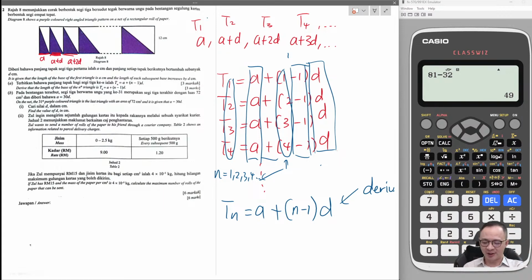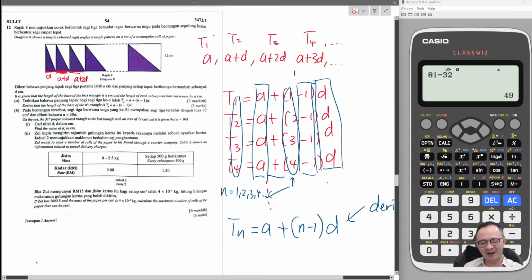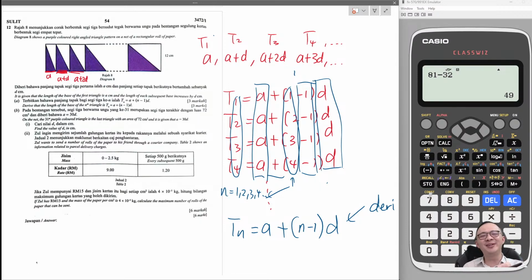But I heard one of the teachers say that if the textbook shows you how the Tn formula comes from, then you need to memorize and learn it. If your textbook shows how the GP formula, I mean the sum of first n terms, the Sn formula, comes from, then you need to memorize it. If your textbook shows how the log change-of-base formula comes from, then you need to memorize it. Whatever derived formula is in your current SPM textbook, it will come out in SPM.